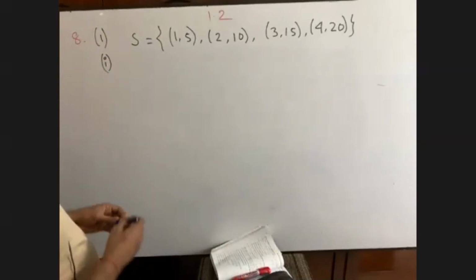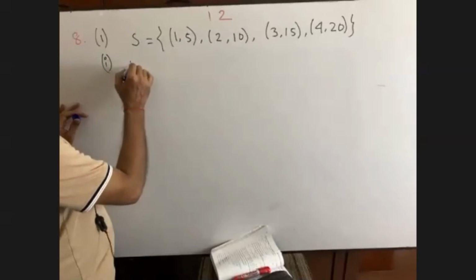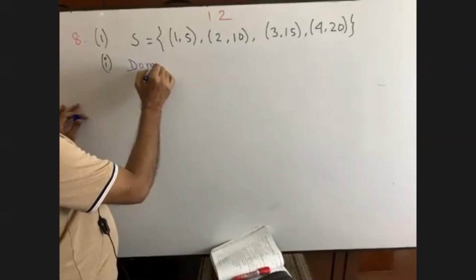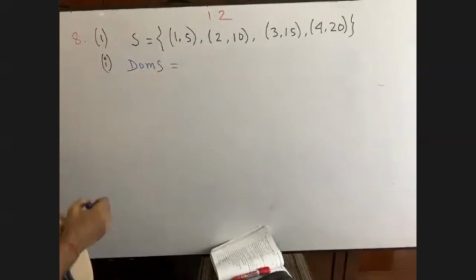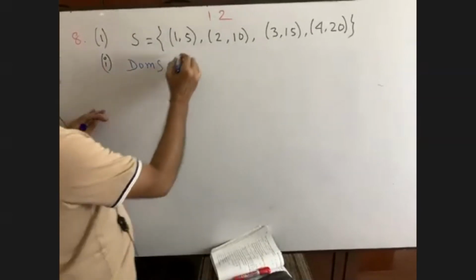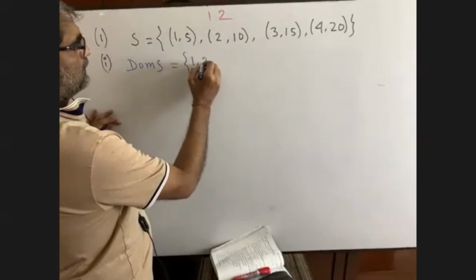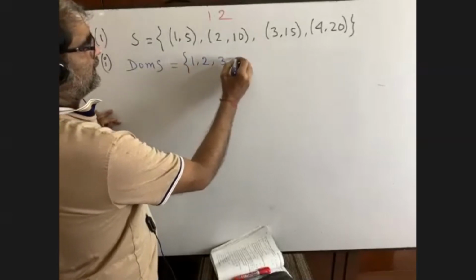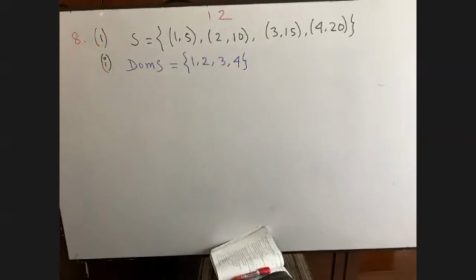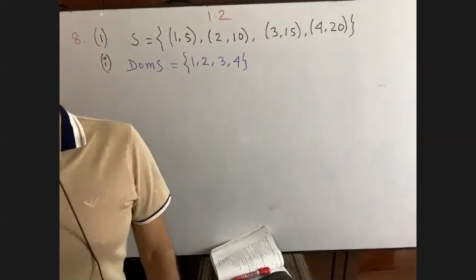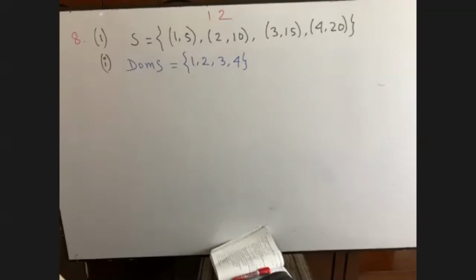To find out the domain, write down. What I told for domain: the first elements of the ordered pair, right? So what are the first elements? 1, 2, 3, 4. Have you got it?